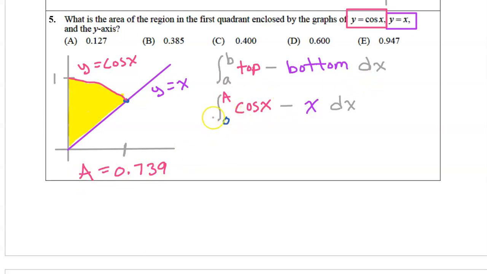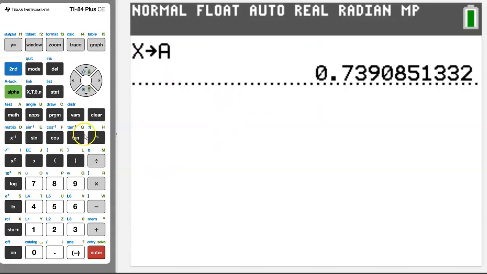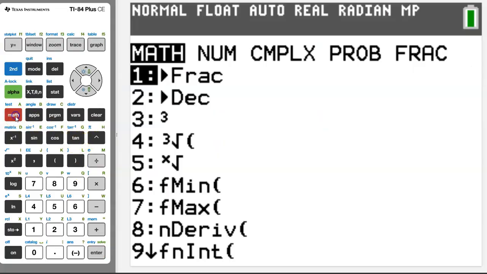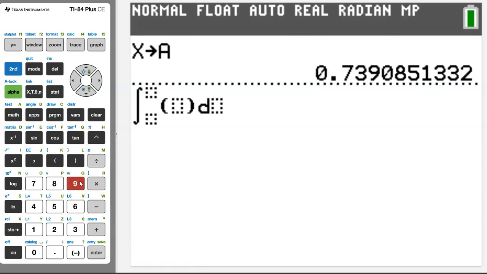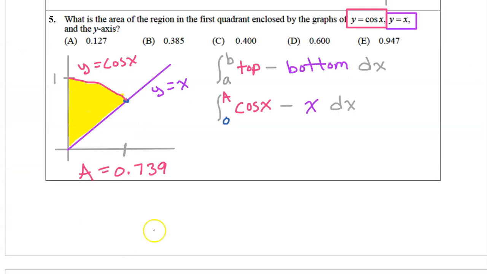And now we can use our calculator to evaluate this integral, now that we know both limits of integration. So let's go back to the calculator. For integration, we will hit Math and choose option 9. We are integrating from 0 to A, so go ahead and put 0, and then put A. And we're integrating cosine x minus x.